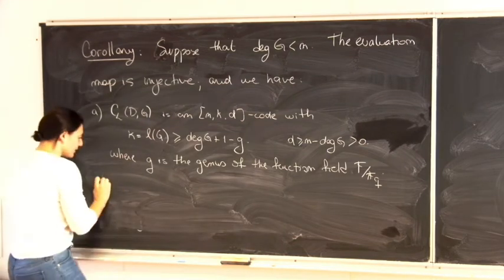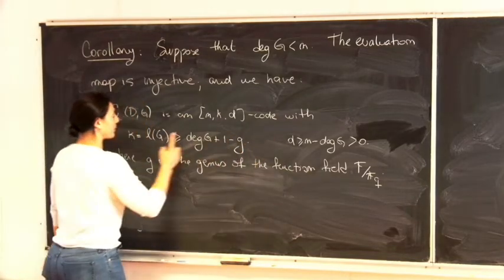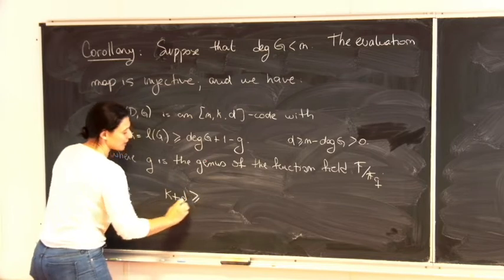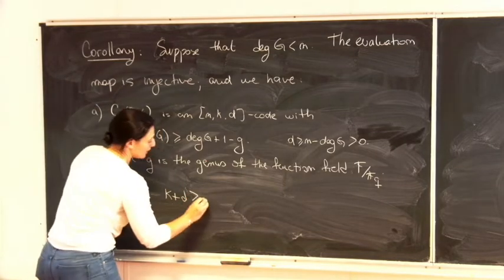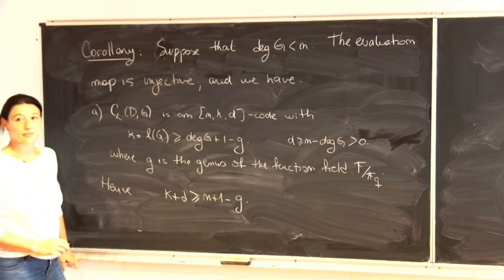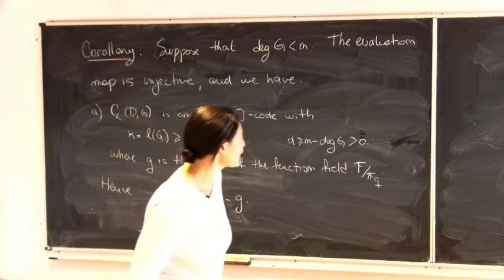In particular, if we add these two parameters, what we have is that k plus d is greater or equal than n plus 1 minus g. But I can say something more.